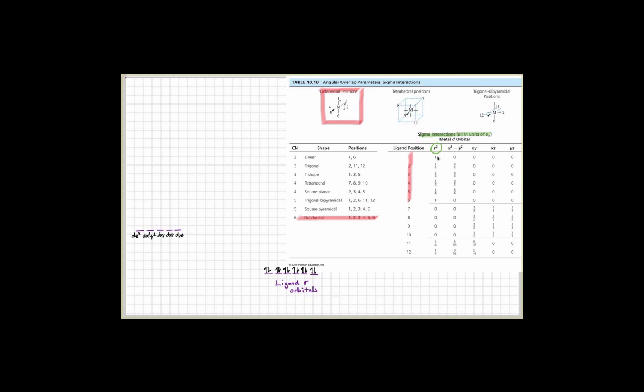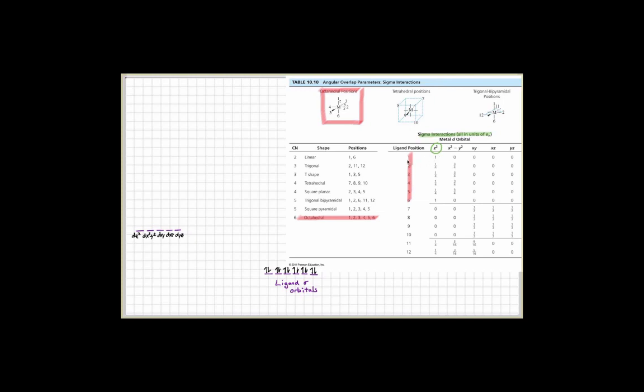And that's indicated in the column under the dz squared orbital: 1, 1/4, 1/4, 1/4, 1/4, and then again 1. These are in units of E sigma, indicating the energy or the amount of overlap for a sigma interaction of the dz squared orbital with any particular ligand position.